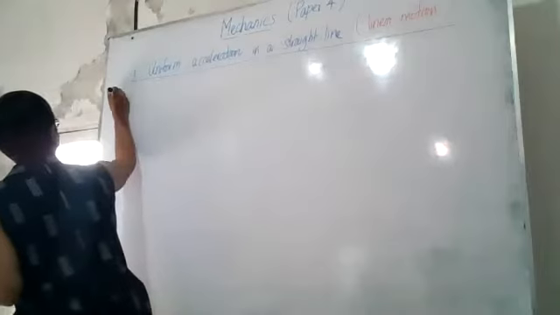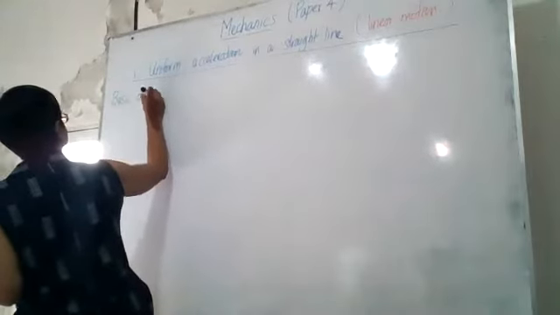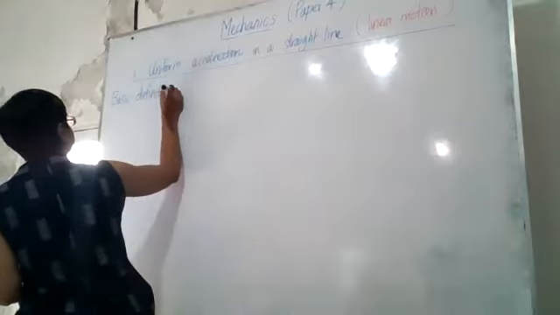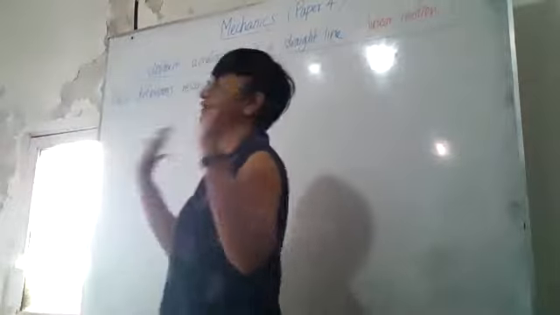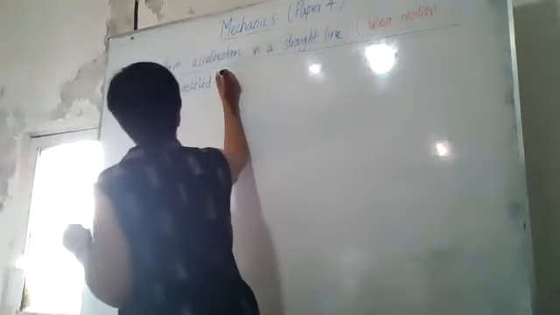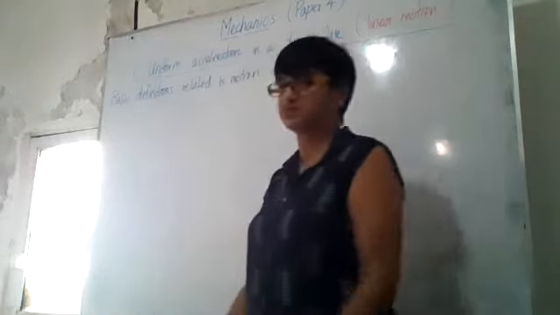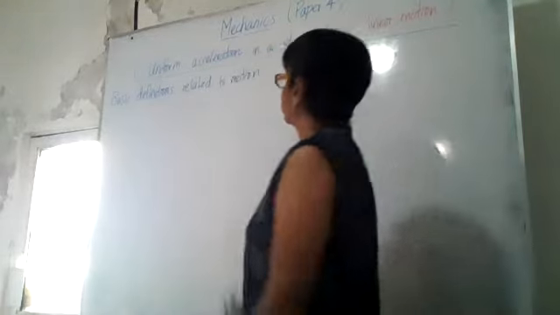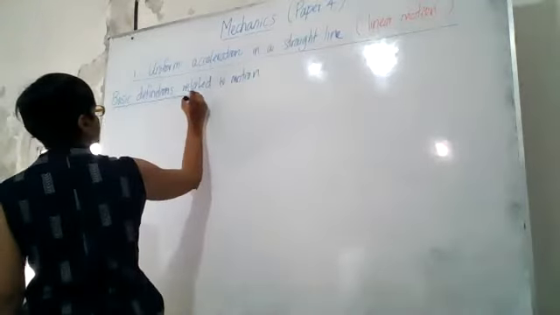So first topic, basic definitions related to motion. Here, related to any motion first. So I'm not restricting to linear motion, I'm just talking about any movement. Basic definitions related to motion. Number one.